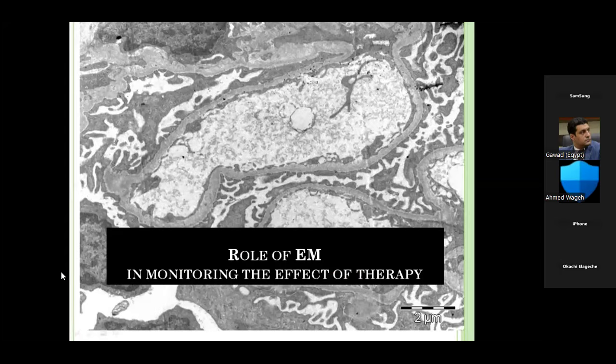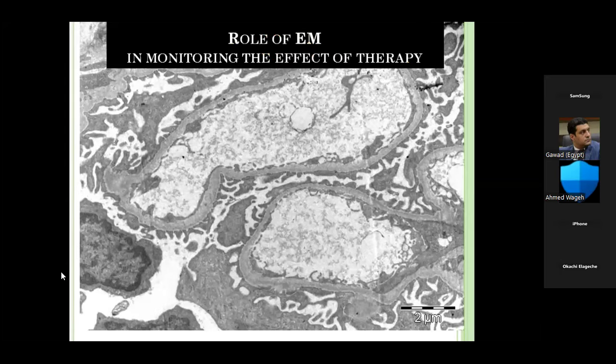Let's see this case for the role of EM in monitoring the effect of therapies, and what I was talking about, the effect of steroids on the podocyte cytoskeleton. We all know that in primary focal segmental glomerulosclerosis or minimal change disease, the main line of therapy is steroids as a first line.